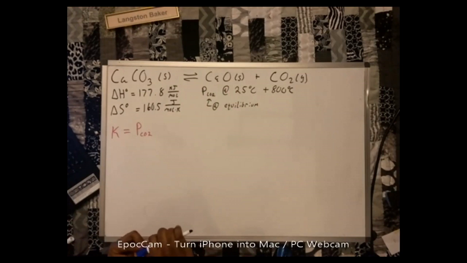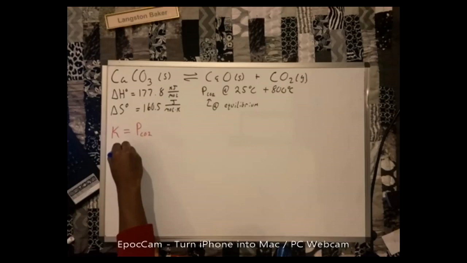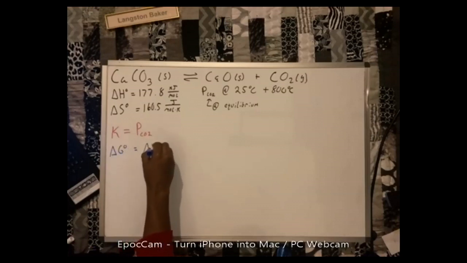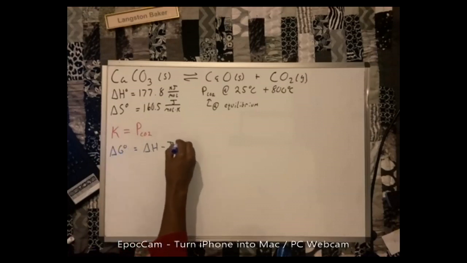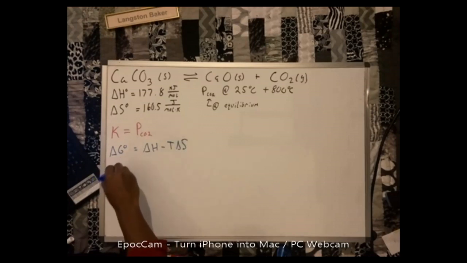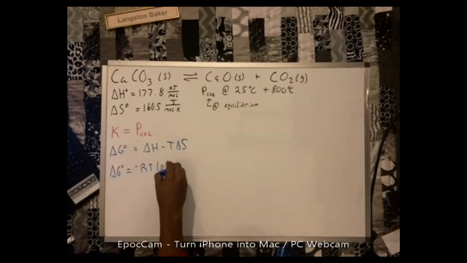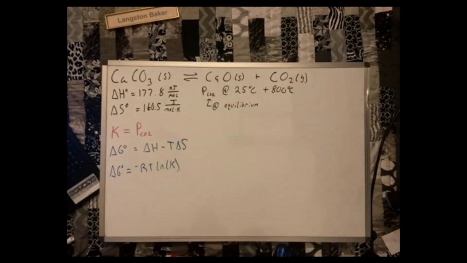You'll go look at your equation sheet and you'll see delta G naught equals delta H minus T delta S. And then you'll also see delta G naught equals negative RT natural log of K. And then it's just plug and chug. We plug in to get delta G, and then we can plug it in there to get our K.